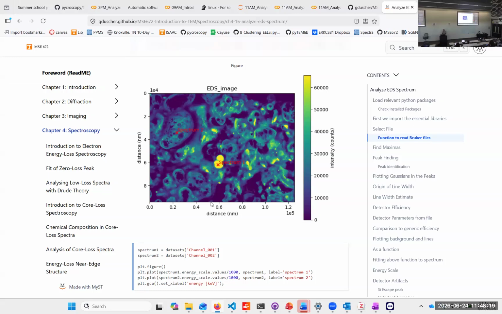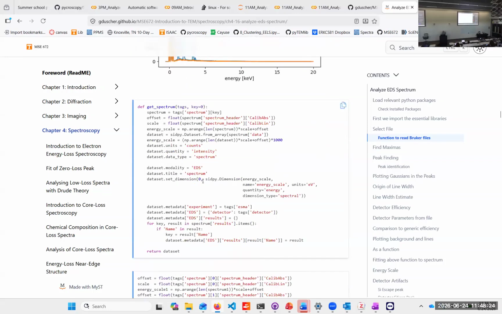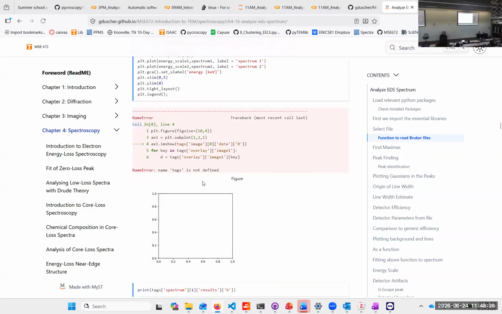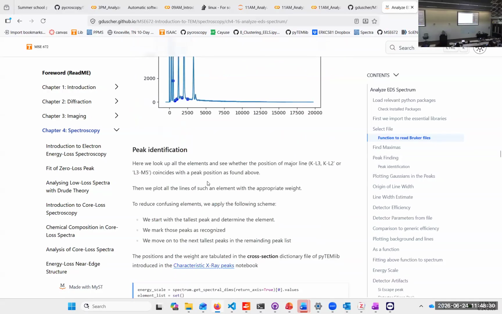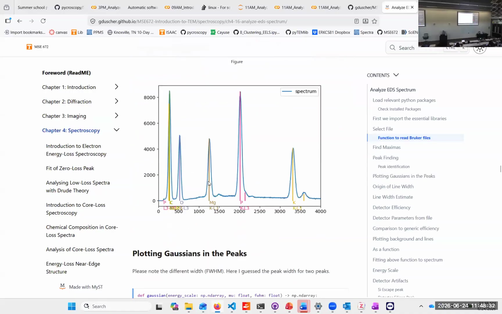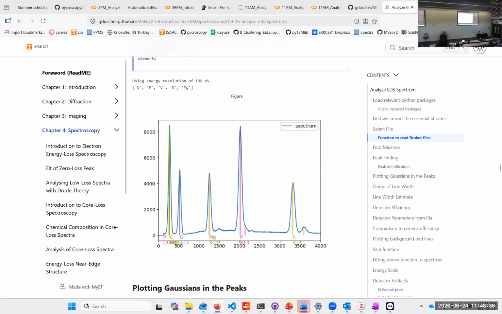First clue: it's eaten. Then we analyze that, find the maxima, and so on. We do that step by step here. Find the peaks. Here are the peaks. We have phosphorus, carbon, oxygen, magnesium, and potassium.